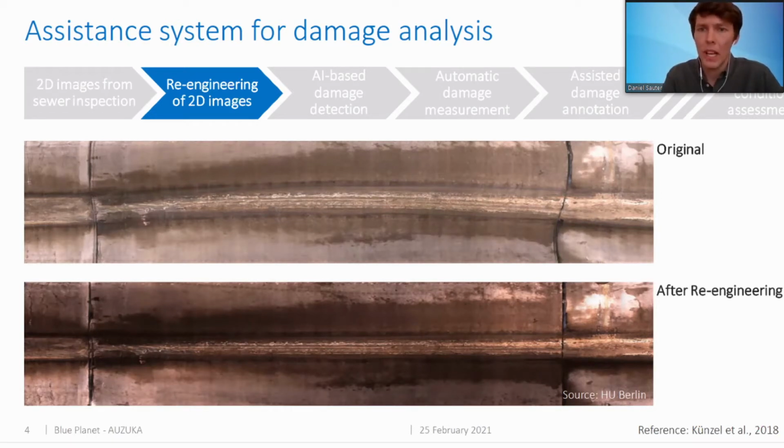And what you typically have are these distortions in the picture that you can easily see in the connections of the different pipe segments that are curved here. And after the re-engineering algorithm, you can see in the lower picture that these lines are really straight. So this can be fixed, and other aspects like artifacts from the lighting system of the camera can also be compensated, and the contrast is also improved.